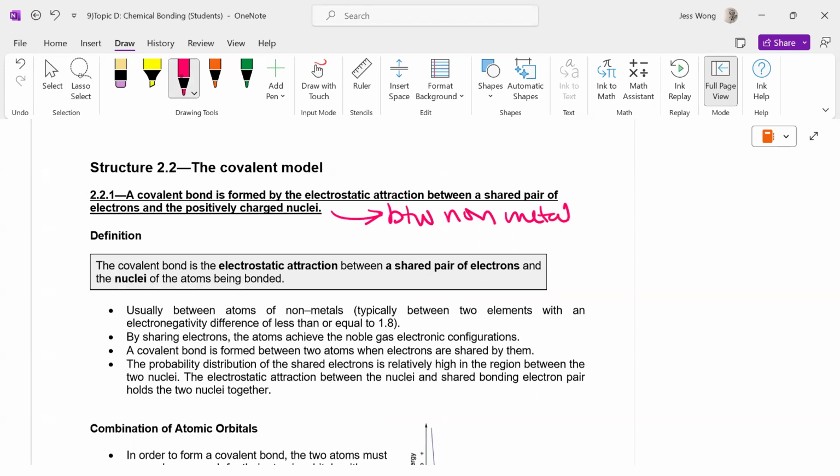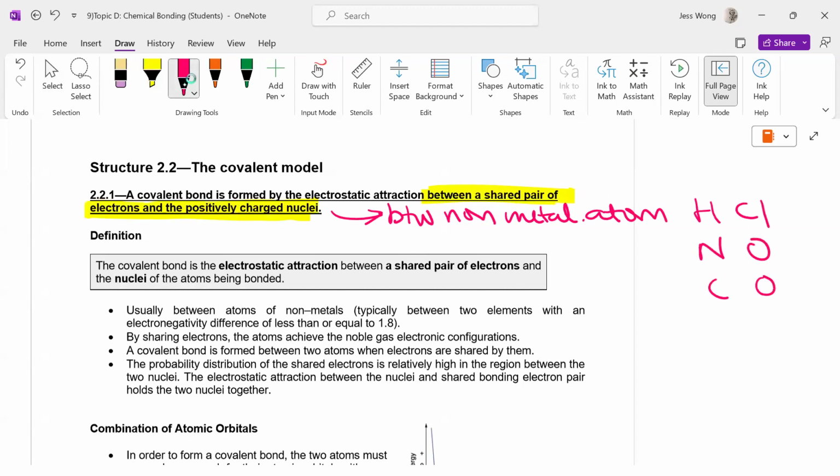If I have two non-metals forming a bond, they will tend to share a pair of electrons, and a covalent bond is the electrostatic forces of attraction between that shared pair of electrons and the positive nuclei of the atoms. So it's generally between non-metal atoms, for example, H and Cl, N and O, C and O.